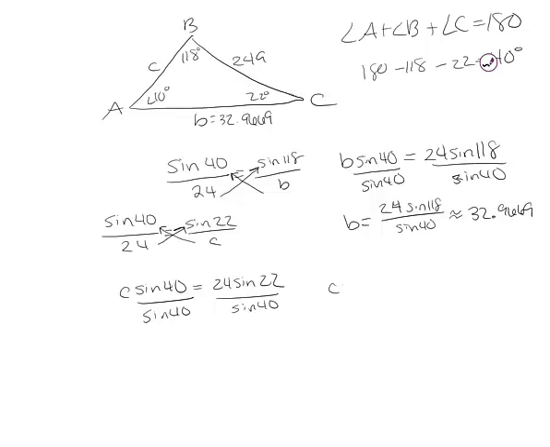So thus, c is equal to 24 sine of 22 divided by the sine of 40, which, again, we're rounding here, approximately is equal to 13.986. And now we have solved the entire triangle.